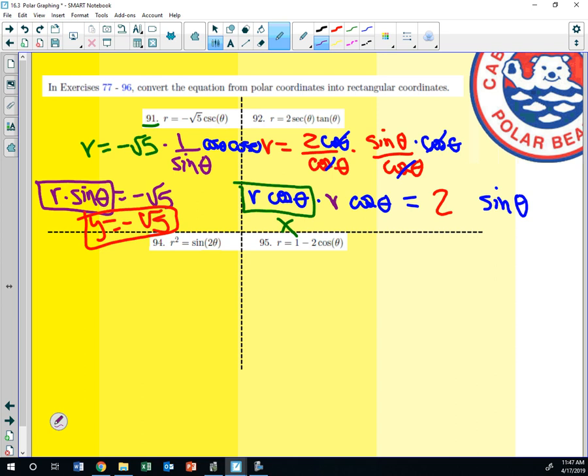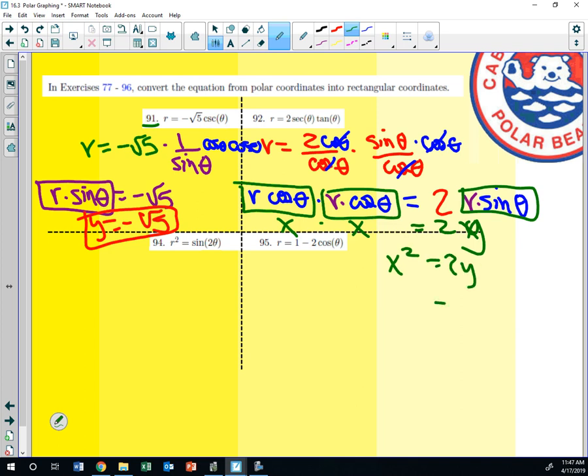Let's multiply both sides by r. Is that legal? It is. And so now you can replace both of these with what? x. And this was a y. So x squared equals 2y. No kidding, this is a parabola. x squared over 2. Would you have ever guessed that that was a parabola?